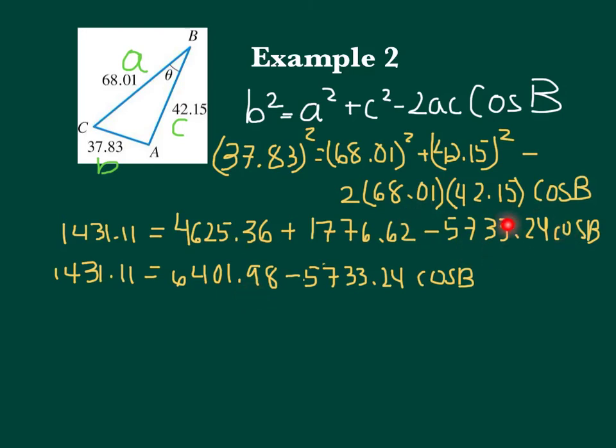Notice I did not subtract the 5,733 because that is multiplied with the cosine. So following PEMDAS, I can't do anything until I multiply it with cosine of b. I now have no choice but to subtract from both sides.